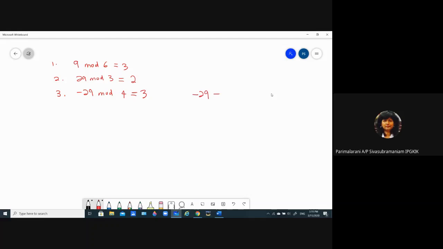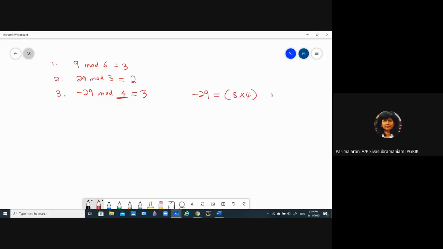So negative 29 is equal to, we want to know how many multiples of 4. Why 4? Because it's mod 4. So how many multiples of 4? For 29, the nearest will be 8. 7 times 4 is 28. We can't write 7 here because 7 times 4 is 28, which is less than 29. So we want to go a bit higher.